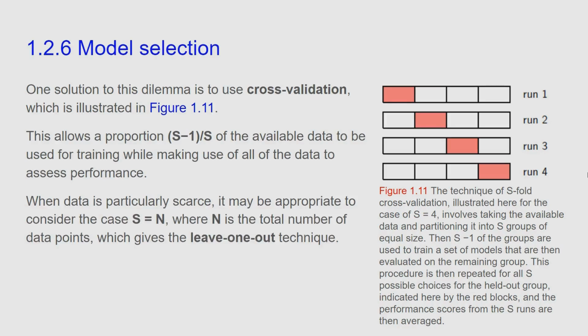When data is particularly scarce, it may be appropriate to consider the case S equals N, where N is the total number of data points, which gives the leave-one-out technique.